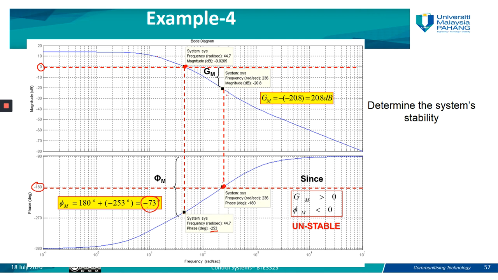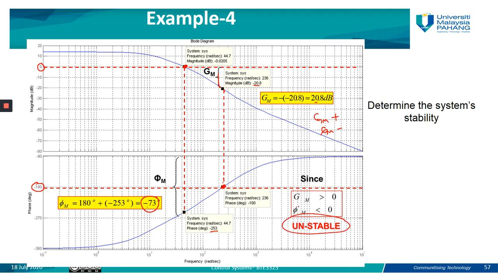We draw a line to cross the magnitude, and from the magnitude here we find the value of the log magnitude. The magnitude equals negative 20. The formula says negative of the magnitude, so negative of negative 20 is positive. So the gain margin is positive, but the phase margin is negative, so your system is unstable.